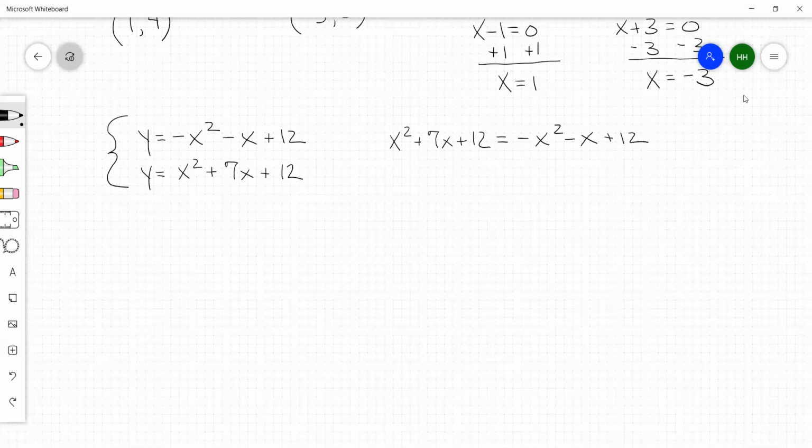We're going to try to get this thing equal to 0. So watch. On this right-hand side, if we add x squared and we add x and we subtract 12, and then do the same thing to the left side.